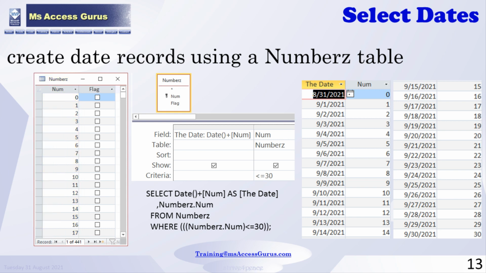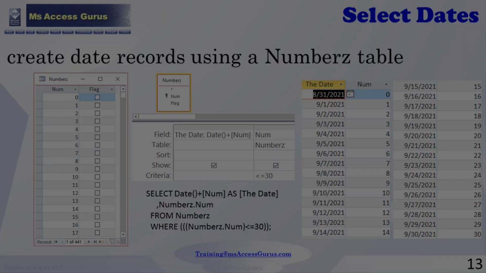Like in this case, I'm creating dates with the numbers. I'm just going to get the dates for the next 30 days. This is really, really cool if you're trying to find where you don't have data. So you can create dates and then see if you have anything for those dates.